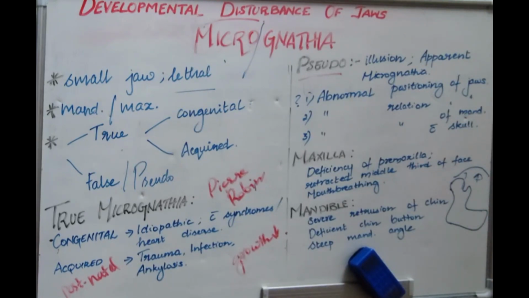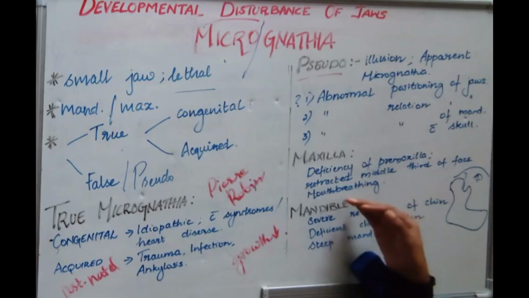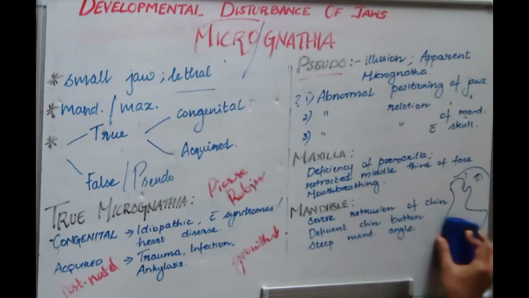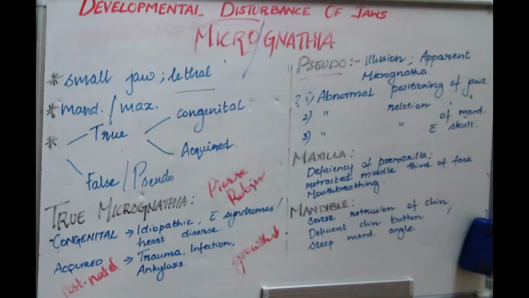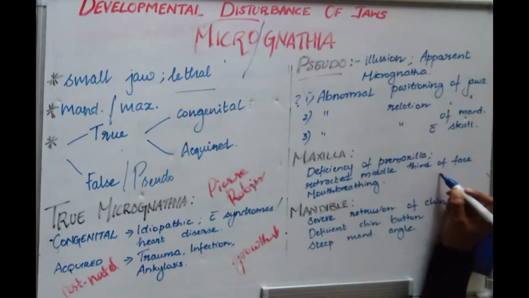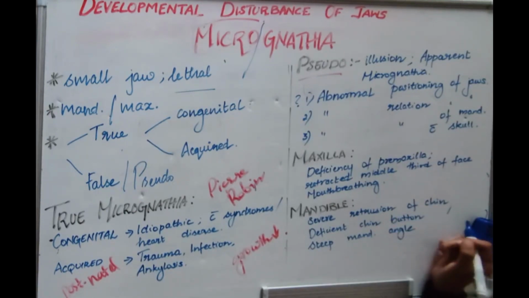Then we will see about micrognathia of maxilla and micrognathia of mandible. Micrognathia of maxilla is mostly due to deficiency of the premaxillary region. And clinically, the middle third of the face will be retracted. It is also said that mouth breathing can be the cause of micrognathia, whereas there is a completely different opinion that due to micrognathia, the patient might develop mouth breathing.